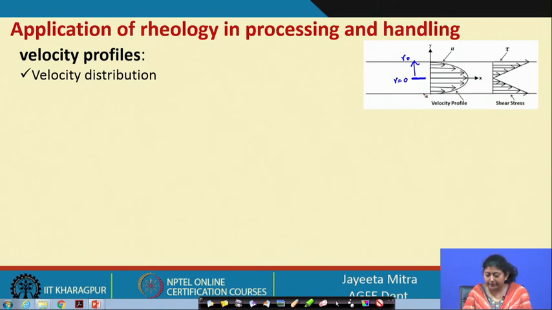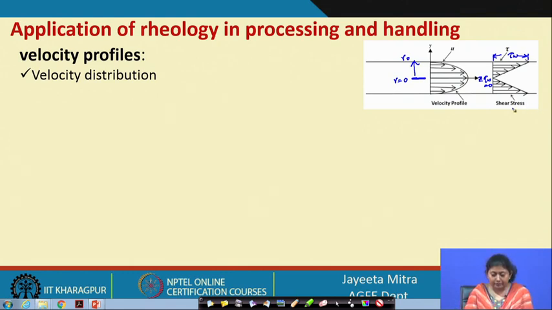the maximum radial distance or the wall, and here the stress profile also we can see. Stress will be maximum at the wall, that is tau w, and at the center the stress will be equal to 0. This is the z direction, this is the r direction. So, this is the velocity profile and shear stress profile inside a pipe flow for laminar steady flow condition.